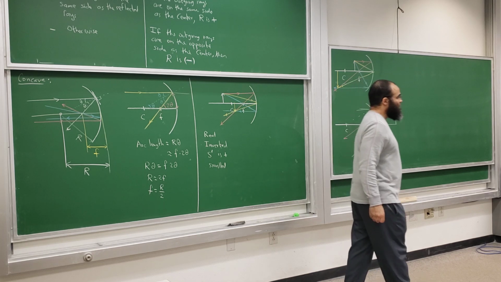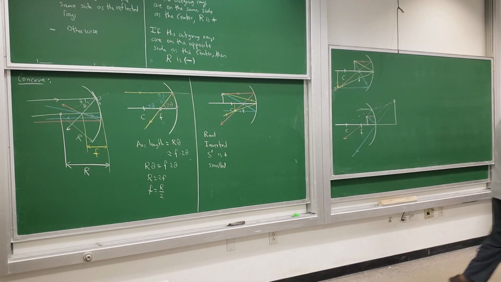And so for this concave mirror, I don't know what the radius of curvature is, but it seems big. You can come closer and you will not see yourself until you get really close. That's when you see your face, and that's a virtual image. Can you see my hand there? Not really, right?